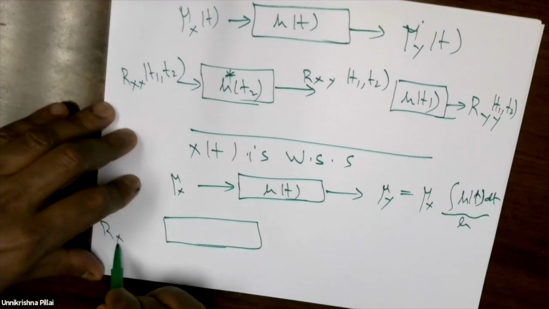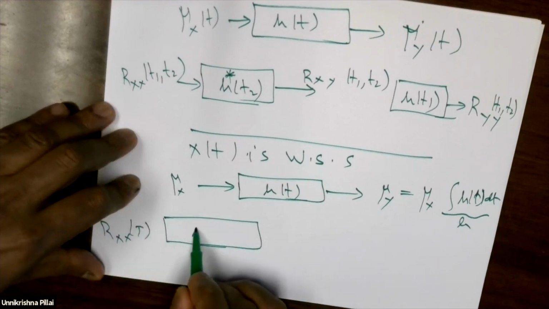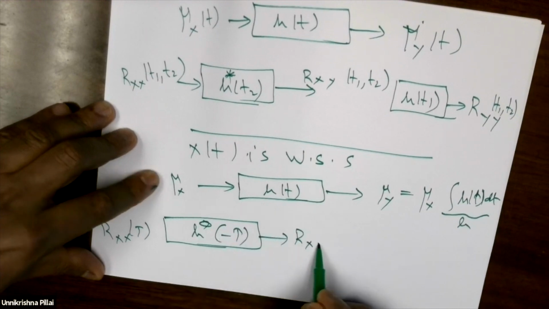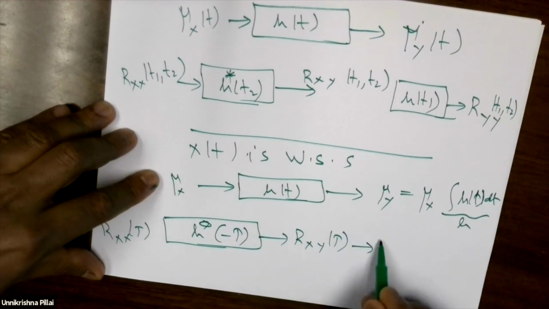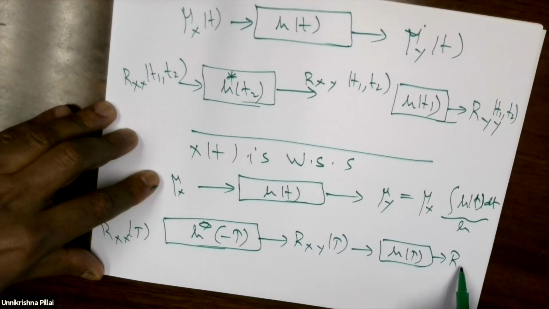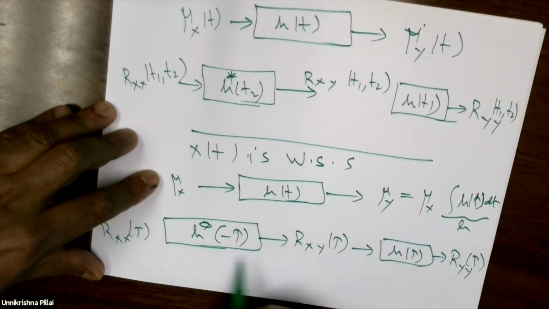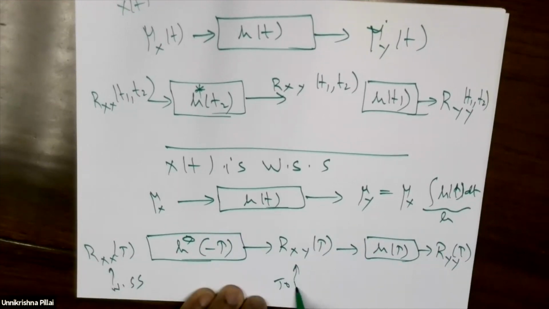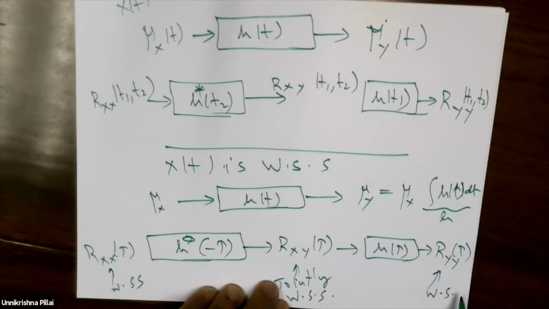If you pass Rxx of tau and convolve with h star of minus tau, you get Rxy of tau. Convolve that with h of tau, you get Ryy of tau. If you remember this, it's easy to remember. So wide-sense stationary at the input means jointly wide-sense stationary x and y, and wide-sense stationary at the output.